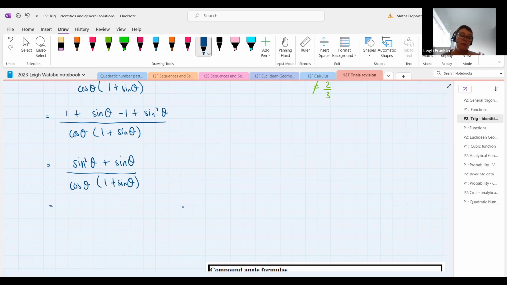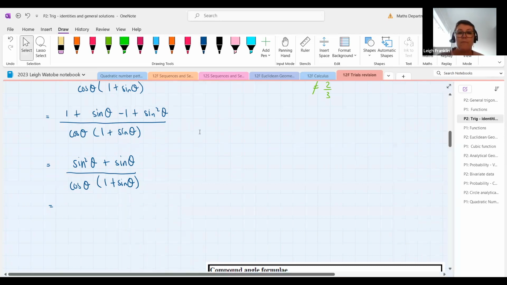That sine squared theta plus sine theta is an indication to me that I need to factorize. Okay, so what sort of factorizing can I do in the numerator now? What kind of factorizing can I do? That's it, Nhlanhla.